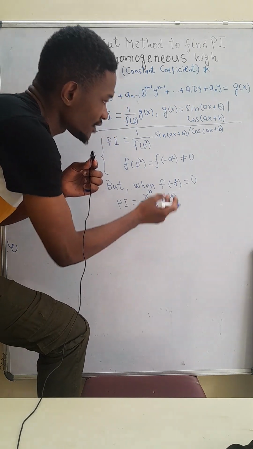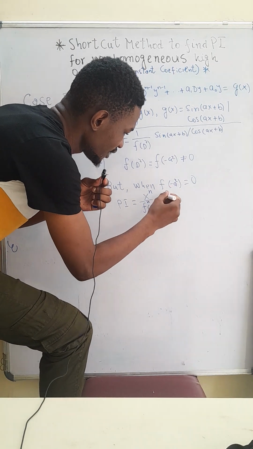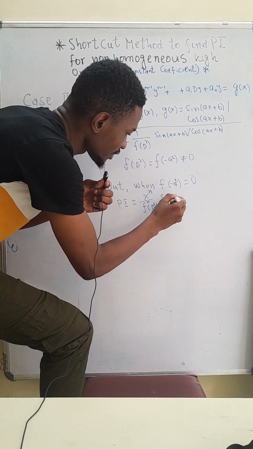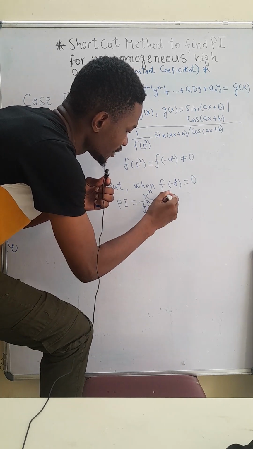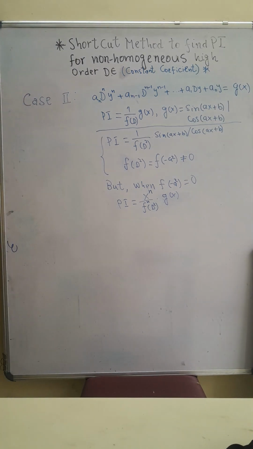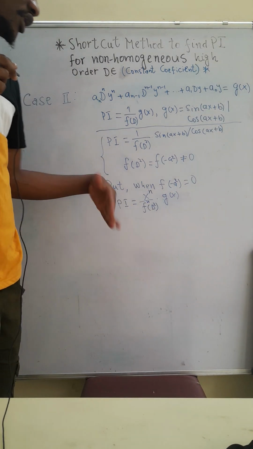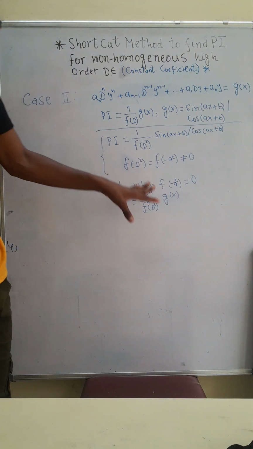What is g of x? g of x is your cosine, your sine, and so on. It can be your cosine, your sine of ax. I will just write g of x for this case. This is the general way you can go.